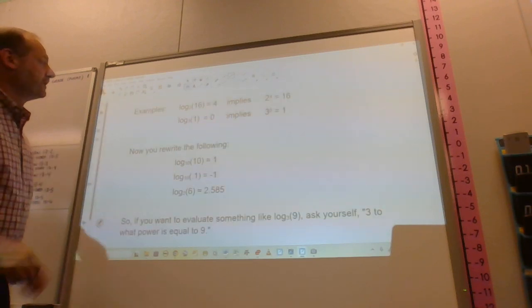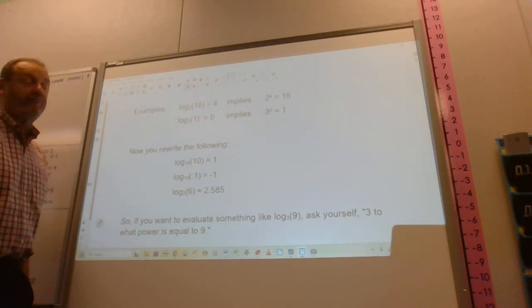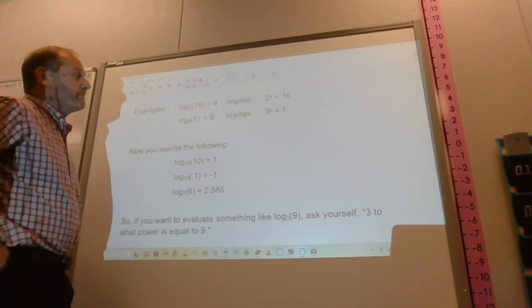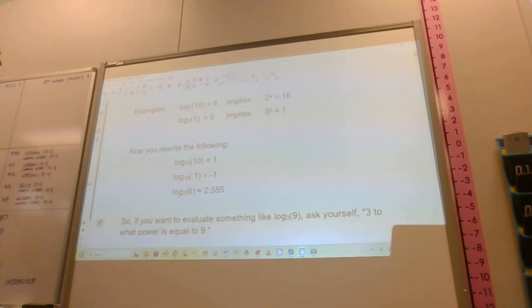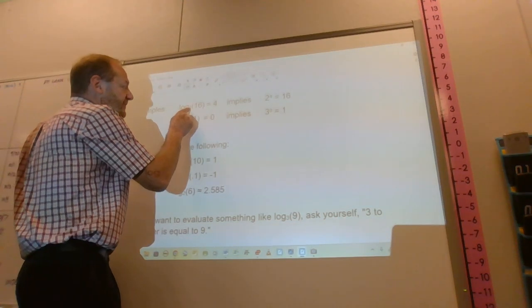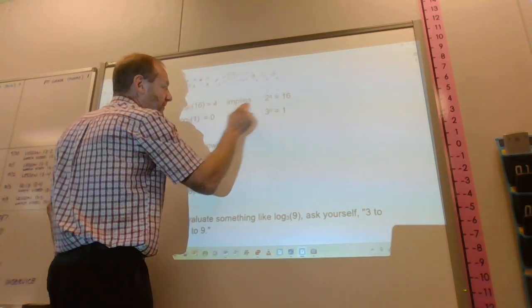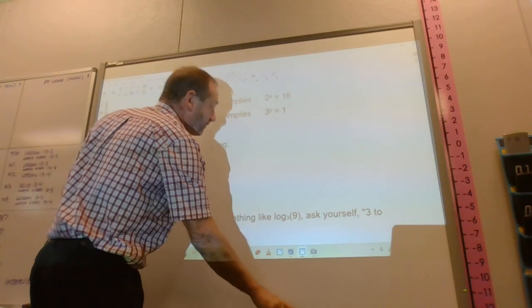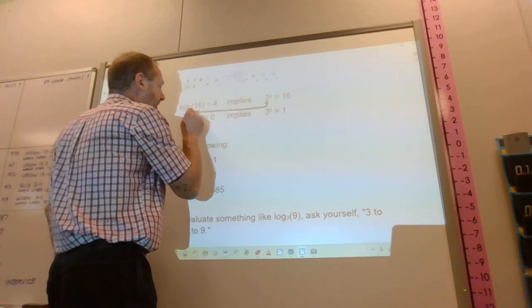Okay. So, for example, the log base 2 of 16 equals 4 implies 2 to the fourth power equals 16. So here's what you know. This is your base. This is your base. This is your exponent. This is your exponent. This is your other number here. Okay? So, there's your base.